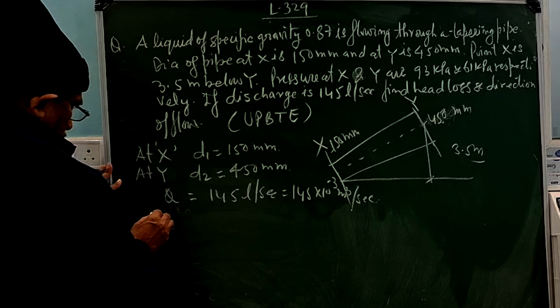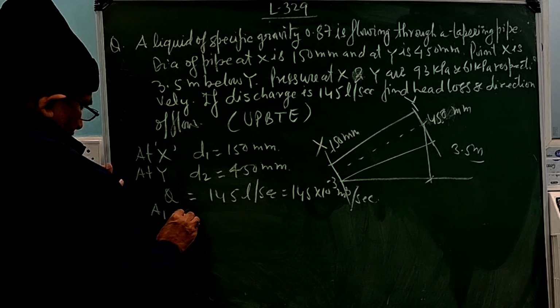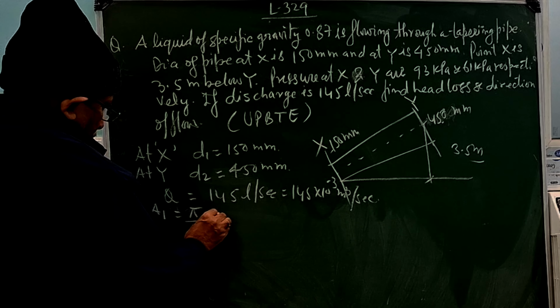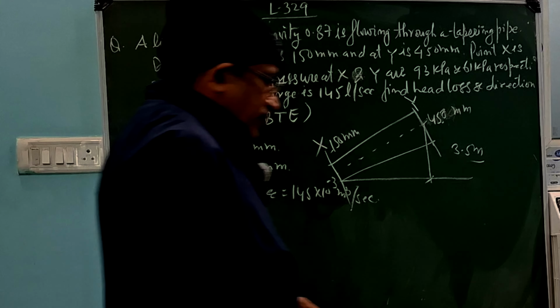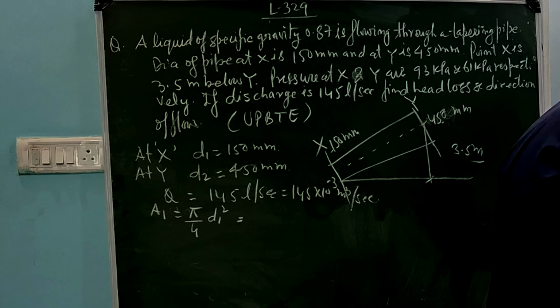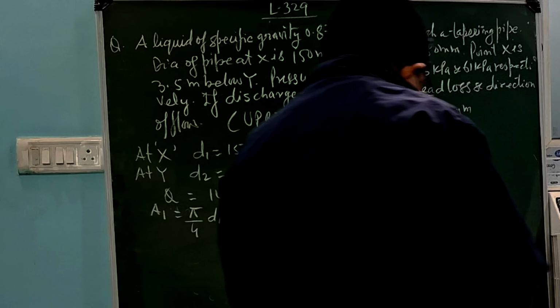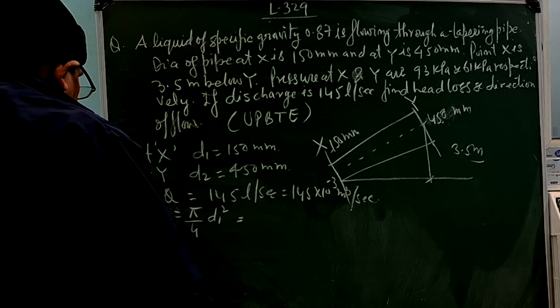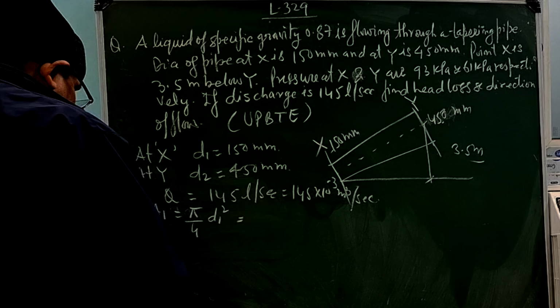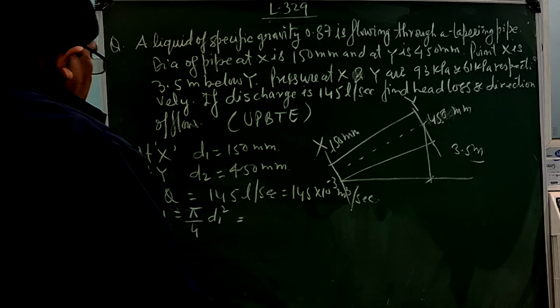अगर आप A1 निकालना चाहो तो A1 इज π/4 इंटू D1 स्क्वायर। This is π/4 into D1 square.